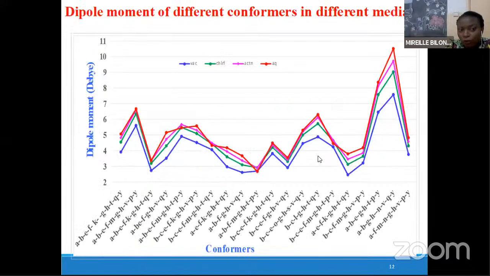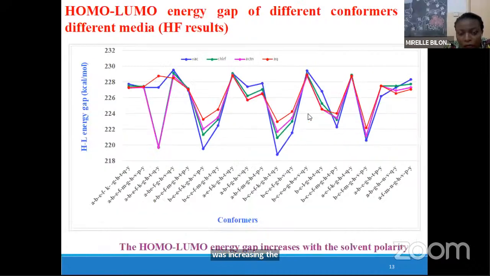We have also investigated the dipole moment for different conformers, and we found that the dipole moment was increasing with the polarity of the solvent. As you can see, in the red, the water solution was increasing. For the HOMO-LUMO, the energy gap was also increasing with the polarity.